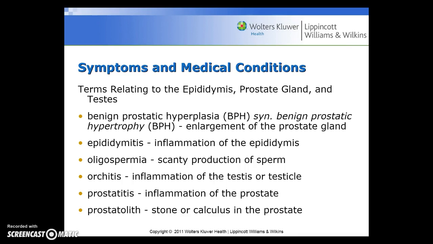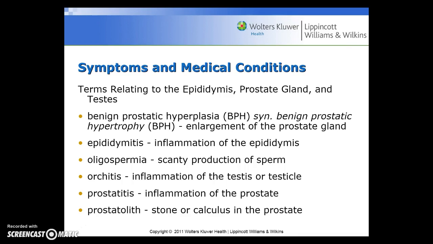Terms relating to the epididymis, prostate gland, and testes, these are common symptoms and medical conditions. BPH is benign prostatic hyperplasia, or benign prostatic hypertrophy, and that's the enlargement of the prostate gland.